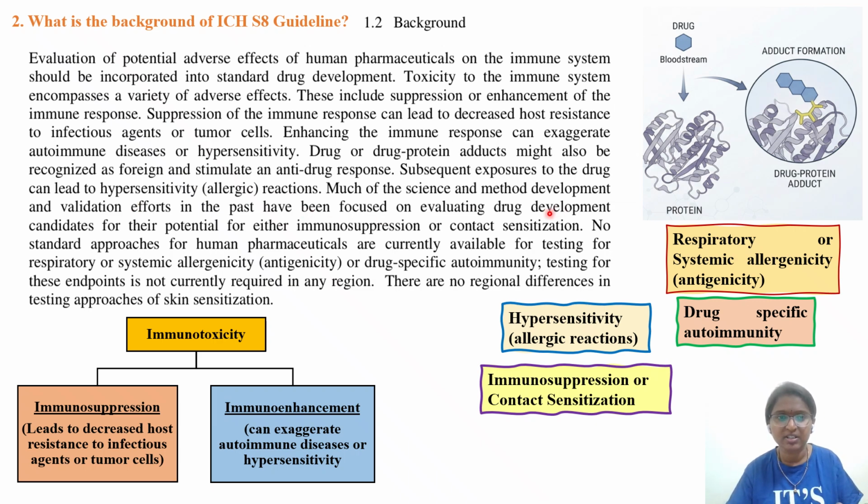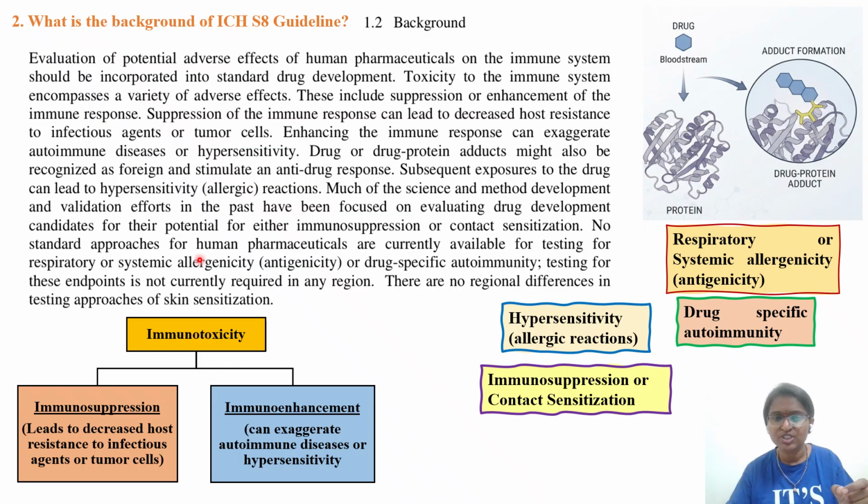Much of the science and method development and validation efforts in the past have been focused on evaluating drug development candidates for their potential for either immunosuppression or contact sensitization. Previously, before the guideline came into existence, the focus during drug development was only to address whether the candidate is causing immunosuppression, whether the developing drug is causing contact sensitization.